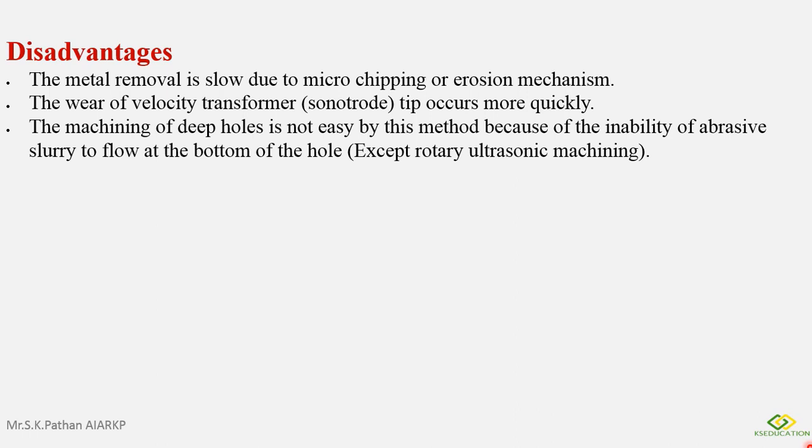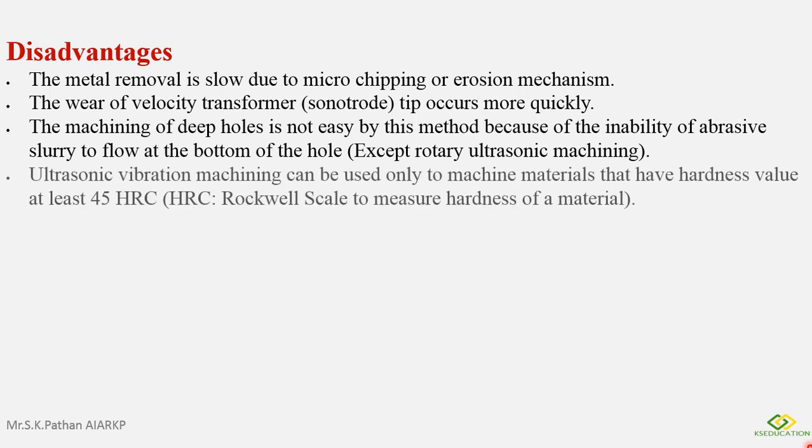So it is possible only with the help of rotary ultrasonic machining. Ultrasonic vibration machining can be used only to machine material that has a hardness value of at least 45 HRC. HRC, you know very well, is the Rockwell scale to measure hardness of material.